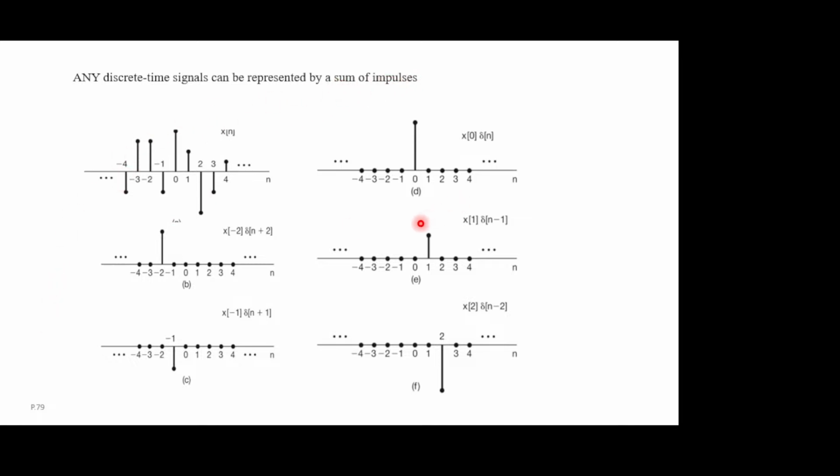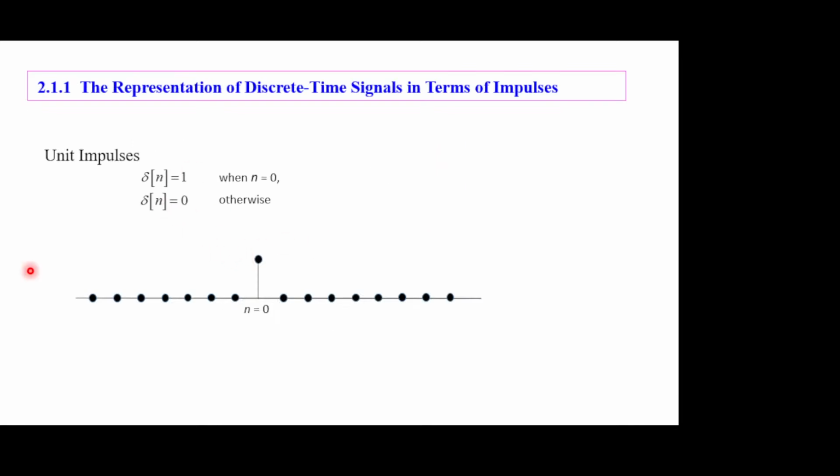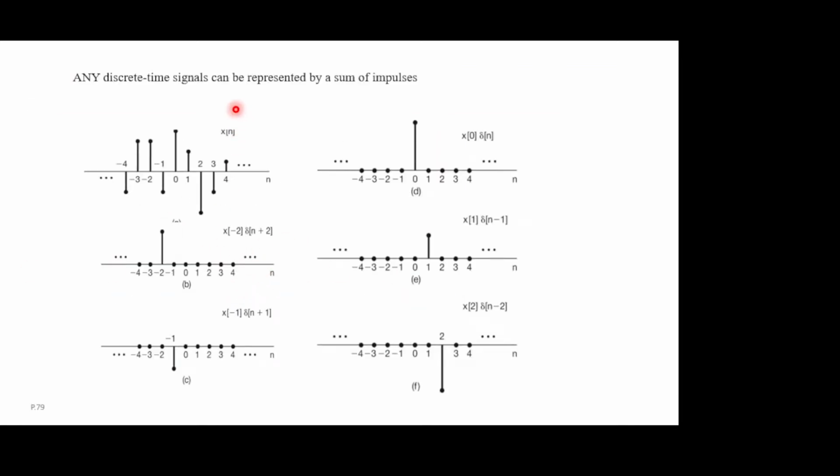Okay. So here is the example. So you have x of n. Then why don't we write it as x of 0 times delta of n? And we know we can also time shift this delta of n, right? So we can have x of 0 times delta of n representing the 0 part. And say for this minus 2, we can have x of minus 2 times delta of n plus 2.